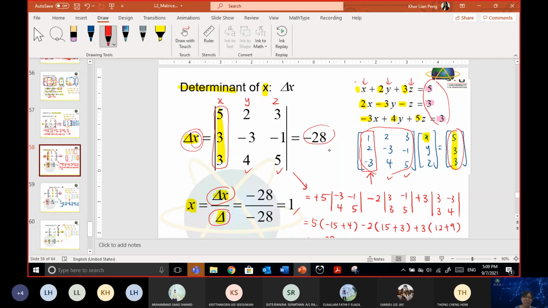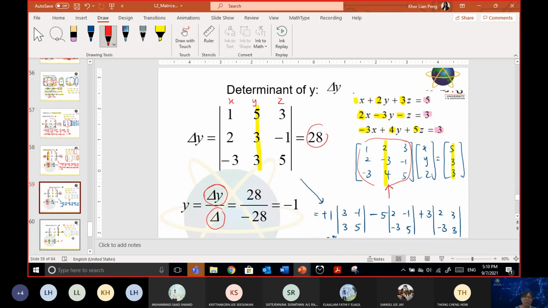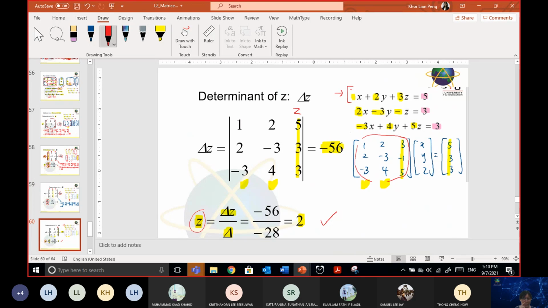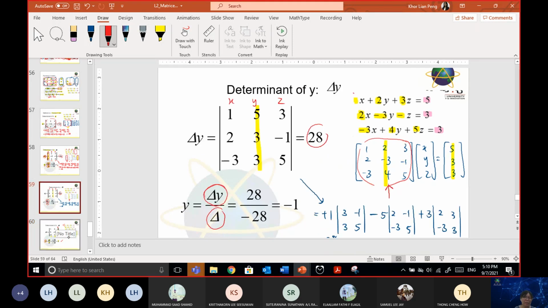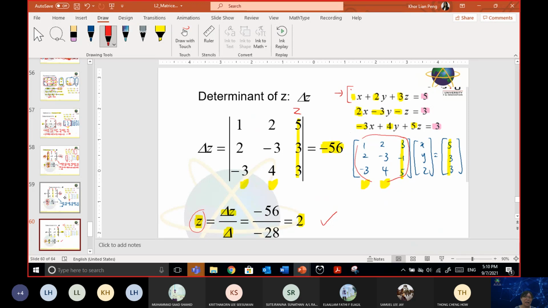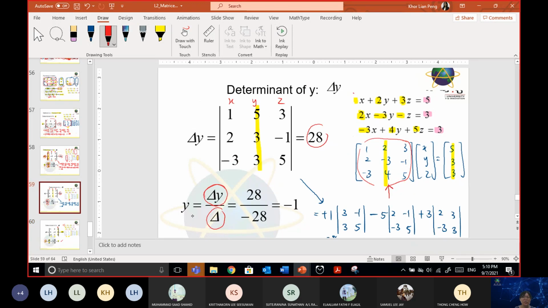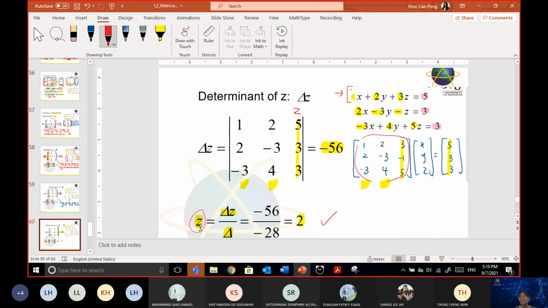Then you find the determinant of x, and you solve for the value of x by determinant x divided by the determinant. Then you repeat the same thing for y and also for z. Replace the second column, replace the third column, find the determinant, and solve for y and z. You are repeating the same method for the rest of the unknowns. This is the way.